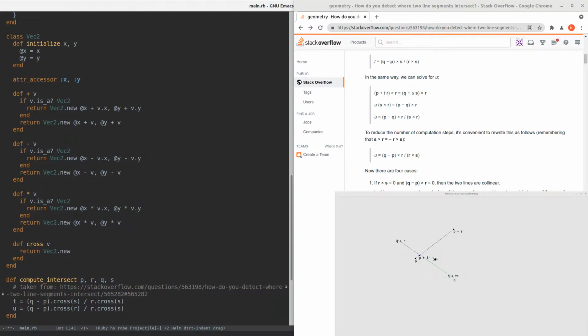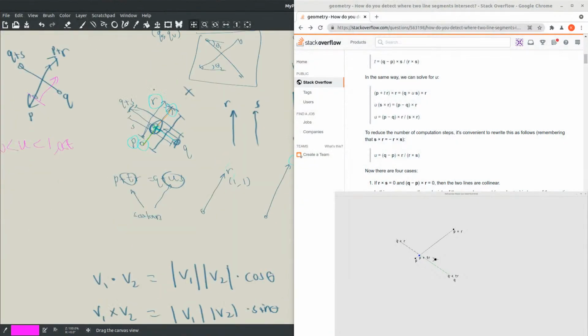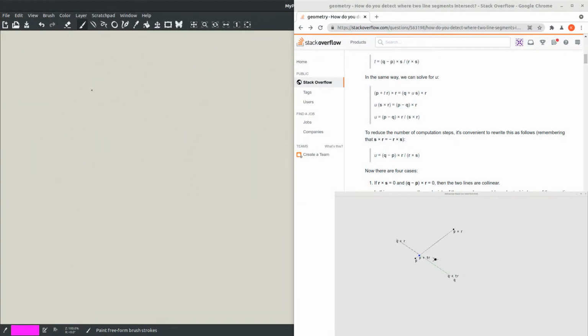So a cross product in 2D can be defined pretty simply as, in 2D, we have v1 cross v2 equals v1x times v2y minus v1y times v2x. So this is our cross product in 2D.